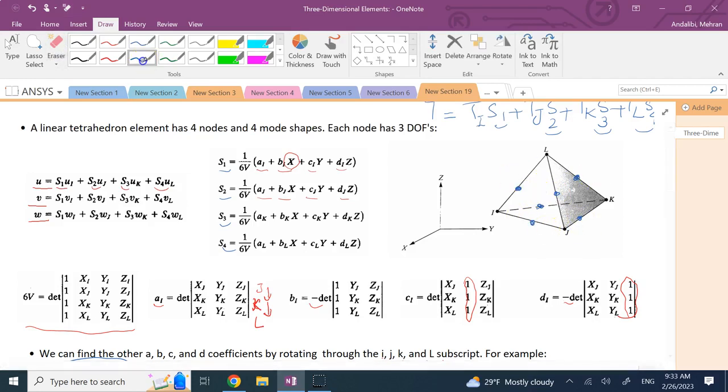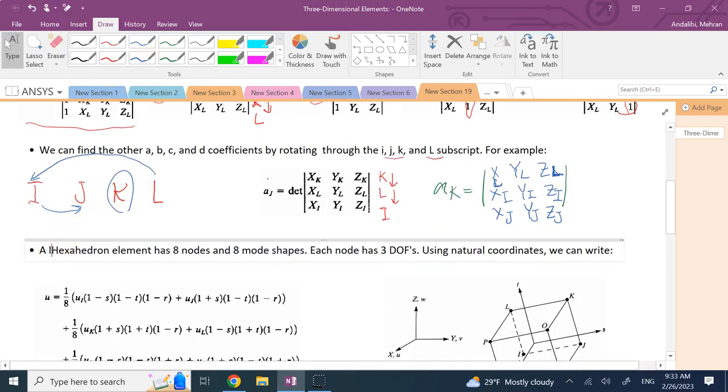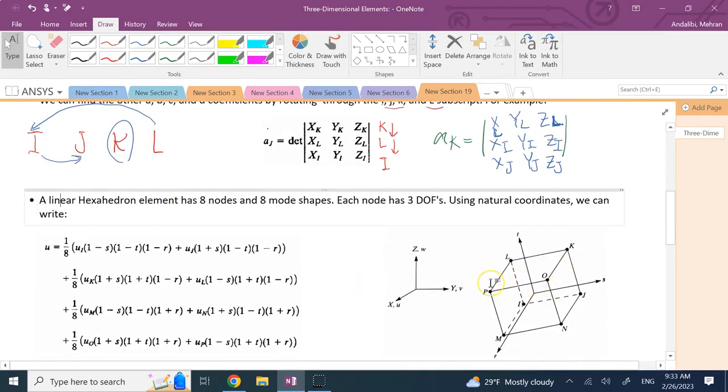Here we are also talking about a linear hexahedron, the simple one. This one clearly has only one node at each corner, so it has 8 nodes and 8 mode shapes. But again, we also have the quadratic one where you have one node in the middle of each edge, so that one has 20 nodes. That is more complicated, so here we are only looking at the simple ones.